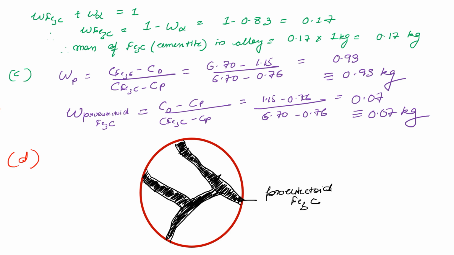And correspondingly we'll have colonies of ferrite and, sorry, this is cementite, proeutectoid cementite, and we have colonies of ferrite and cementite, which is known as pearlite.